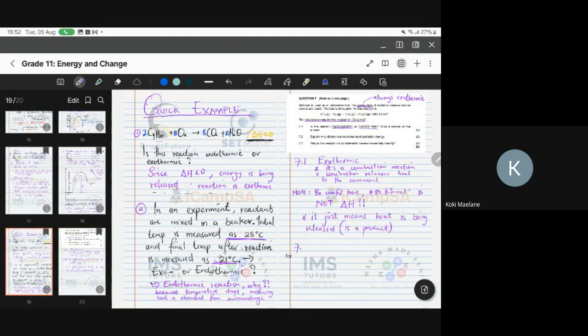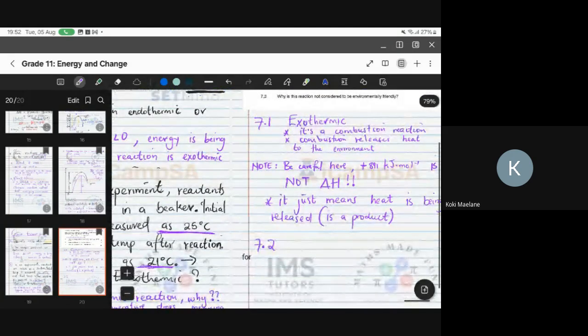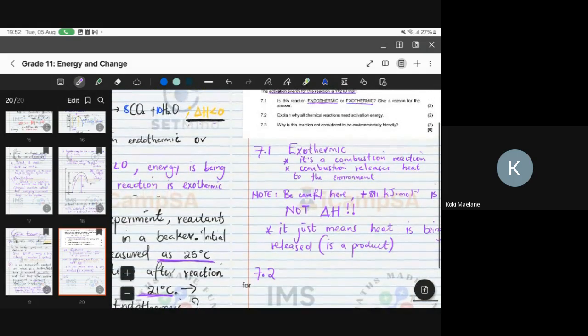7.2. Explain why all chemical reactions need activation energy. So basically, it's a fancy way of them asking you, what is activation energy? Activation energy is the minimum energy needed to start a reaction.